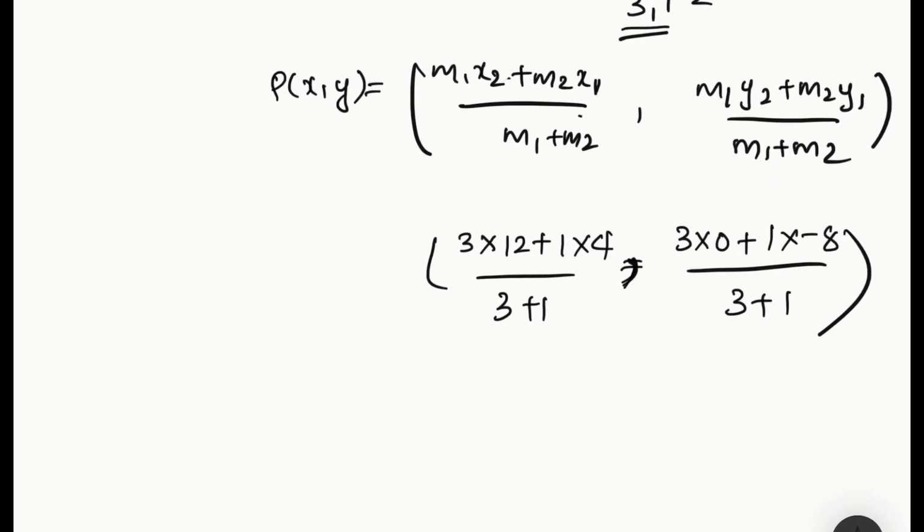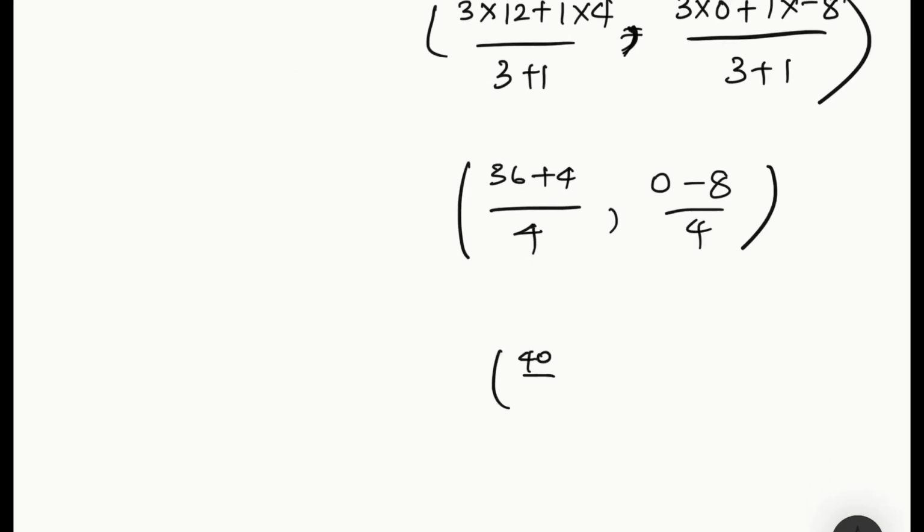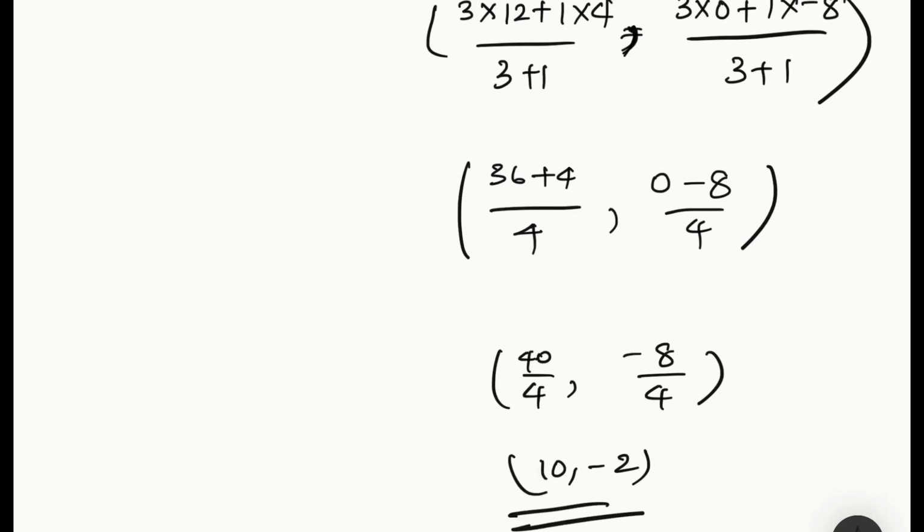So what do you get? 3 twelves are 36 plus 4 by 4, and 0 minus 8 by 4. So 40 by 4 and minus 8 by 4, you will get 10 and minus 2. So you get the point as (10, minus 2). Using this you can solve it.